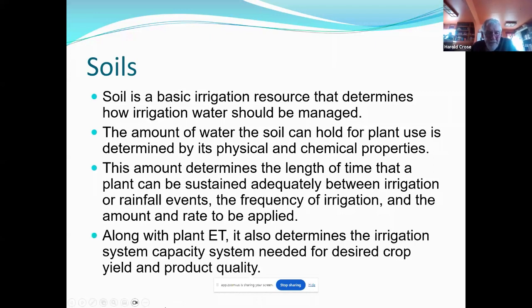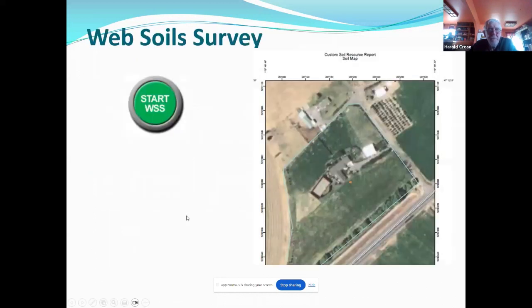Along with plant evapotranspiration, you'll see this throughout this presentation as ET, as ET is such a critical component. It also determines the irrigation system capacity needed for desired crop yield and product quality. We'll get more into that in a little bit.